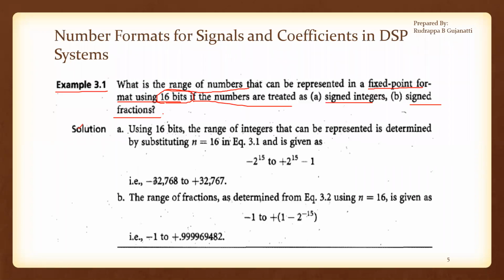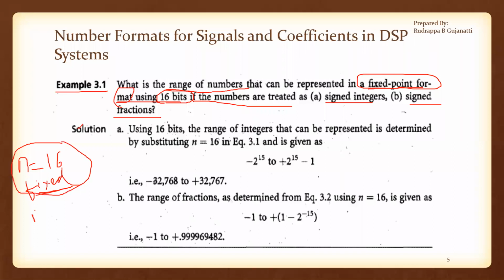He has specified that the number of bits utilized will be 16, and that he is making use of fixed point format. So these two things are known to us.